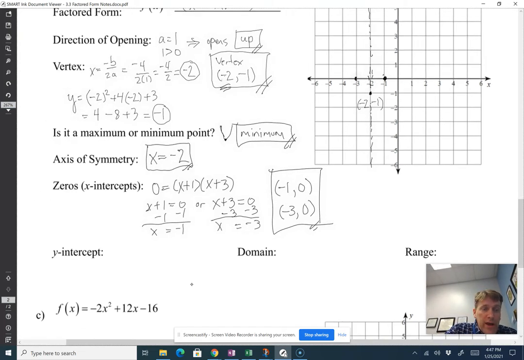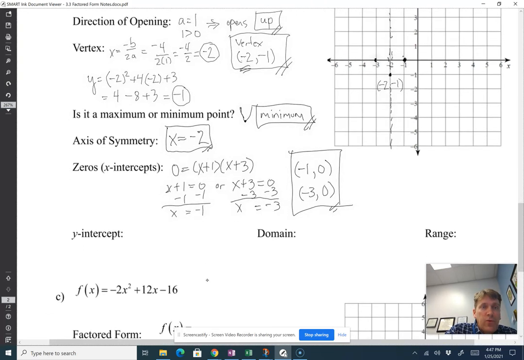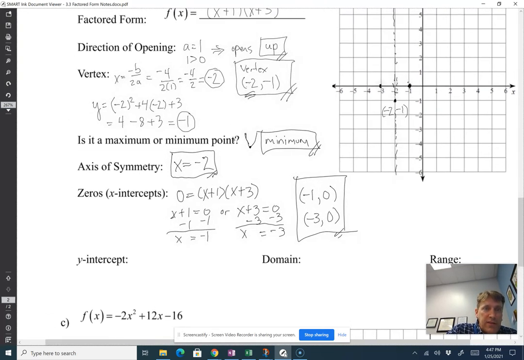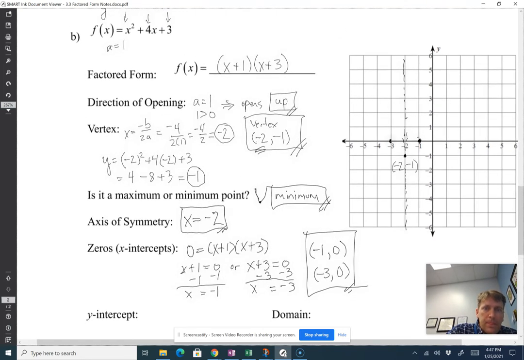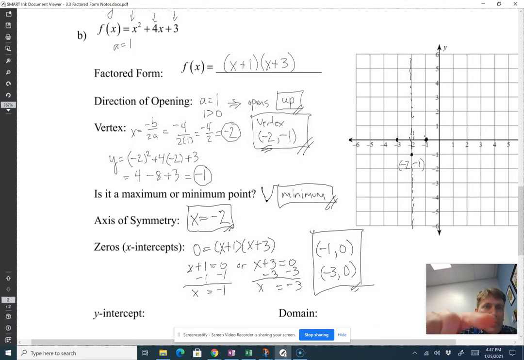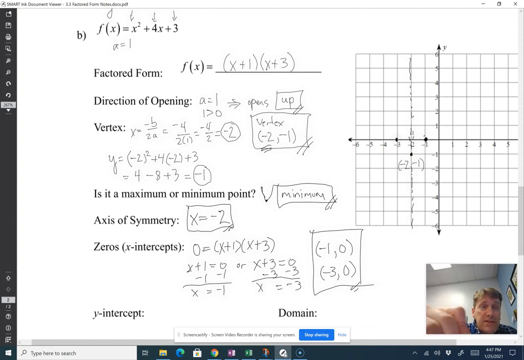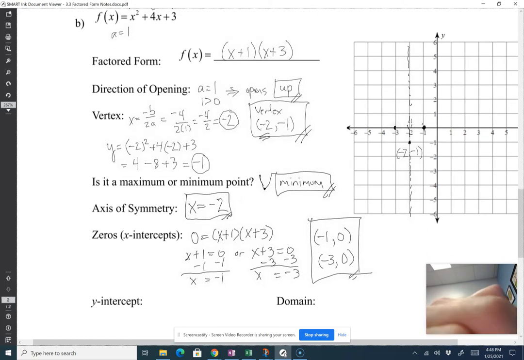And let's see, then our y-intercept. For our y-intercept, we're going to take the standard form that we were given at the beginning, f of x equals x squared plus 4x plus 3, and we're going to put in x equals 0. That cancels the first two terms, leaving 0, comma 3.